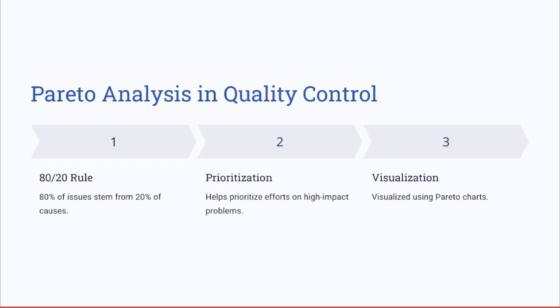It's like analyzing the most repetitive issues that might impact the service level of your project. So by analyzing these top causes or repetitive causes, you can solve these problems and address these areas to improve the overall quality.